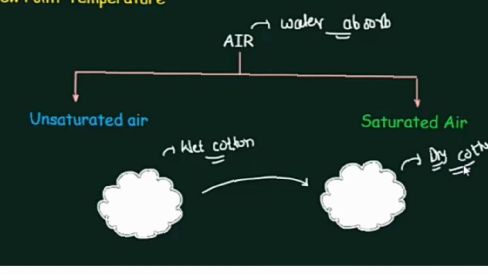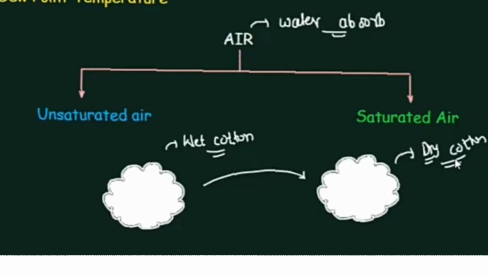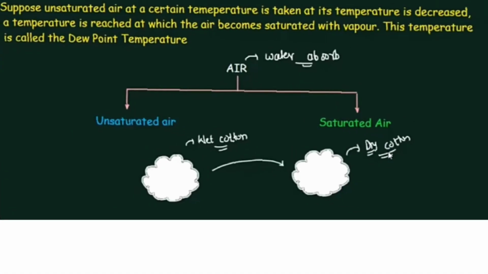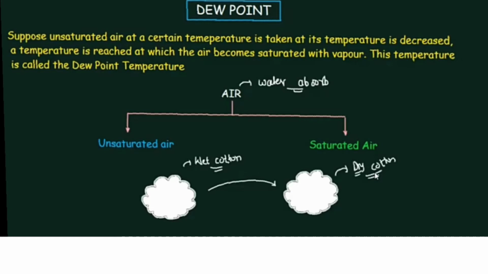Children, we say the air is categorized into two parts: unsaturated air and saturated air. Let us understand these two terms, which will help me make you understand the dew point. Now, air has the capacity to absorb water.